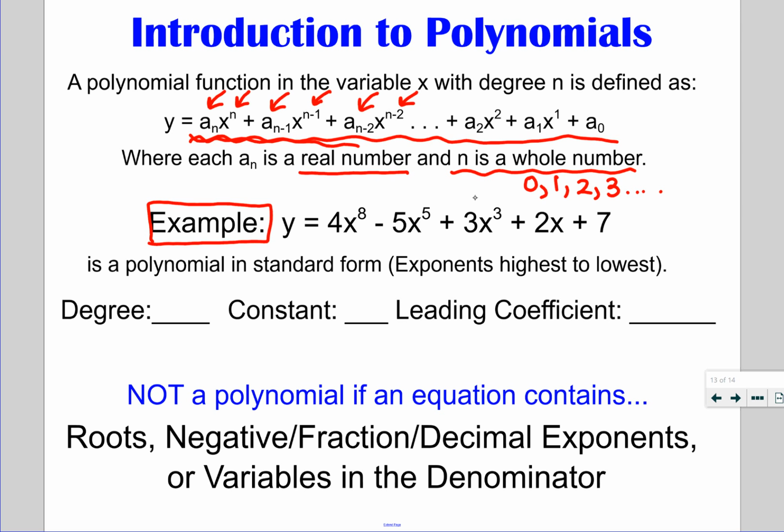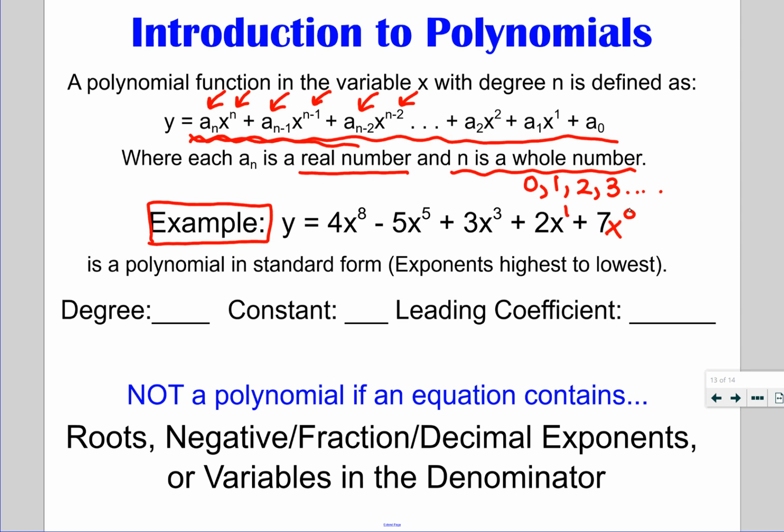Notice all of my variables, the powers on them, I can think of this like an x to the first if you don't see a power on it, are going in descending order. The final number, if you have one that does not contain a variable, you can think of it like an x to the 0 power. Anything to the 0 power is equal to 1, so attaching it to the end of my number doesn't change it, but it's not something that we're ever actually going to have to do a calculation with in terms of polynomials.